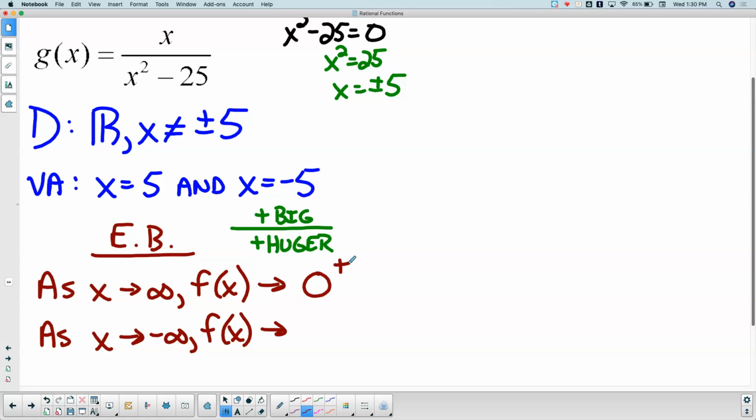Negative infinity now. Logic's all the same, right? What's the only thing that changes in this function? Is the bottom negative? Why not?